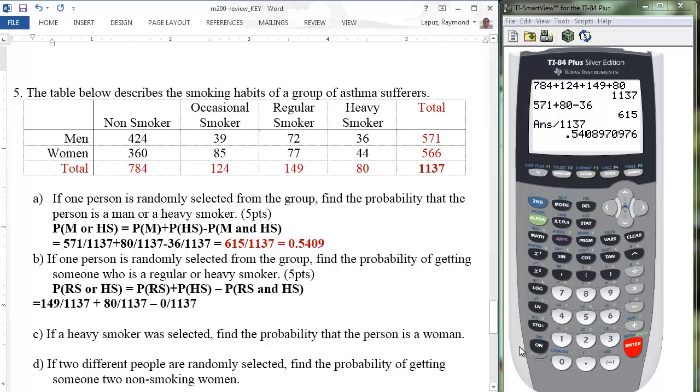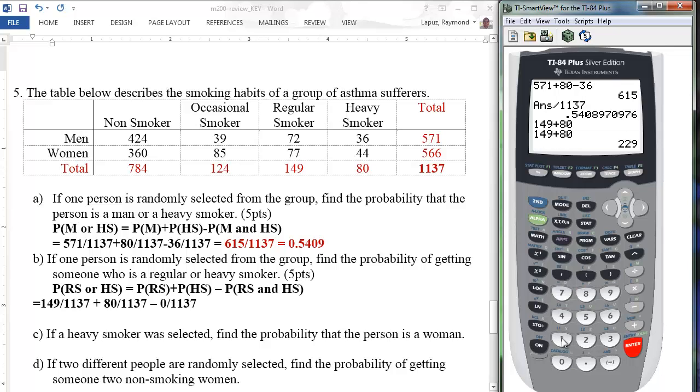So we're really just adding 149 plus 80. That's 229, and then we divide by 1137.